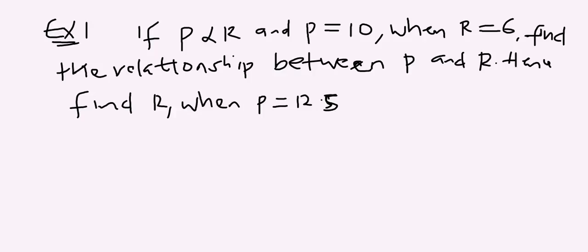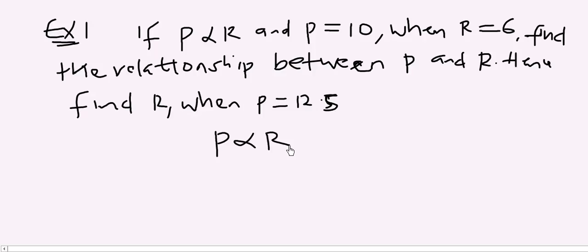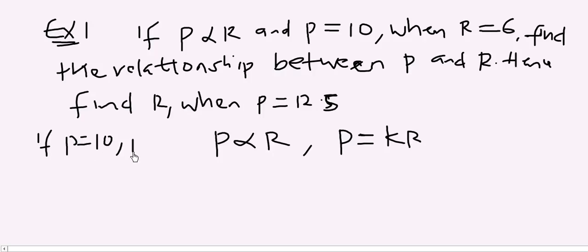So we start by writing a proportionate sign. P varies directly as R, then we can say P is equal to kR. For the relationship between P and R, first of all we have to find the value of k. That's a constant there. We're told that if P is 10, R is 6.